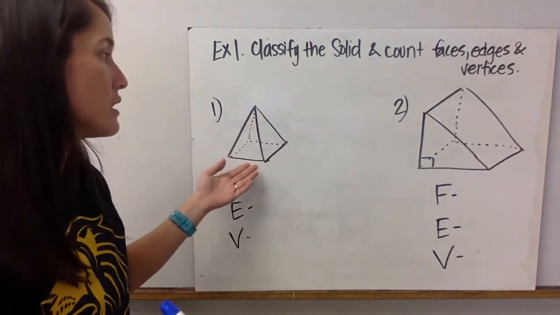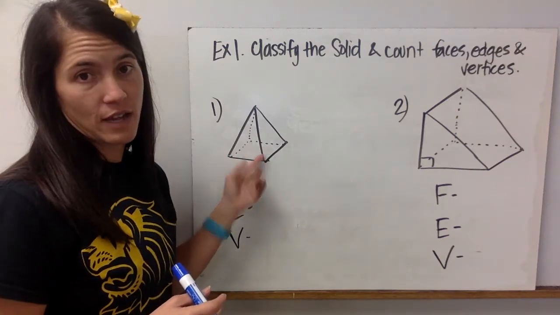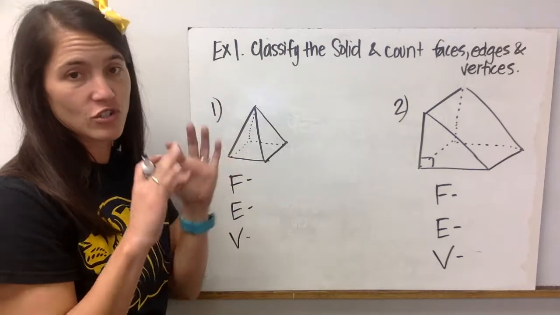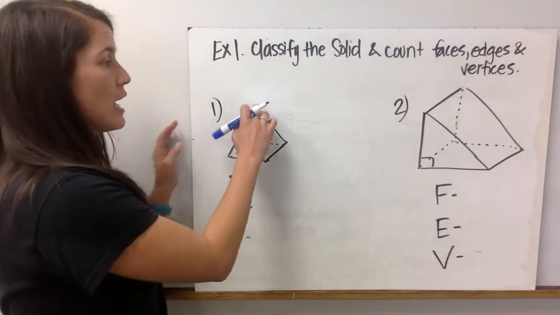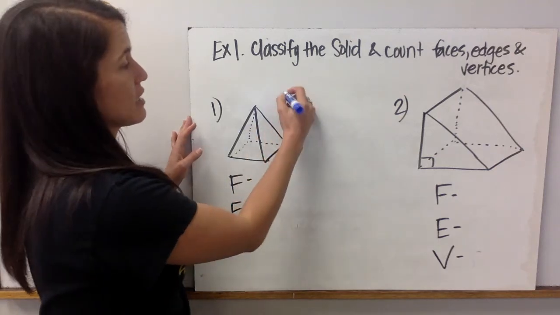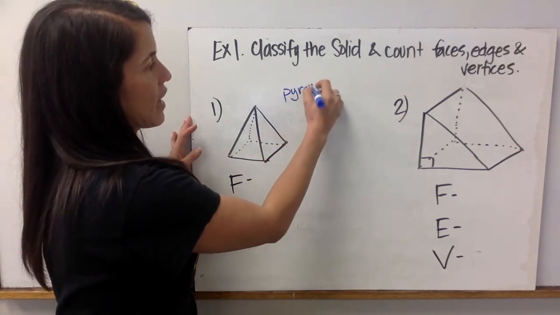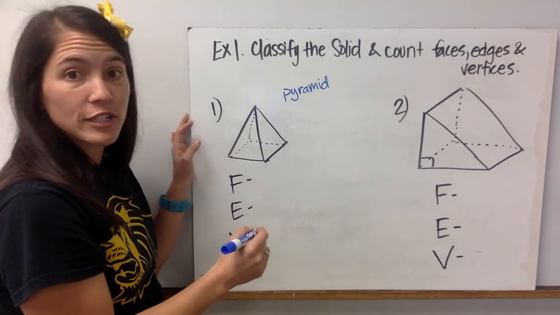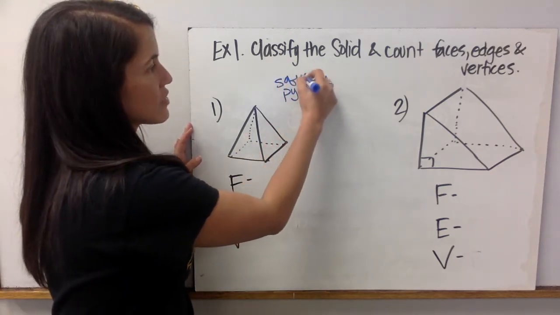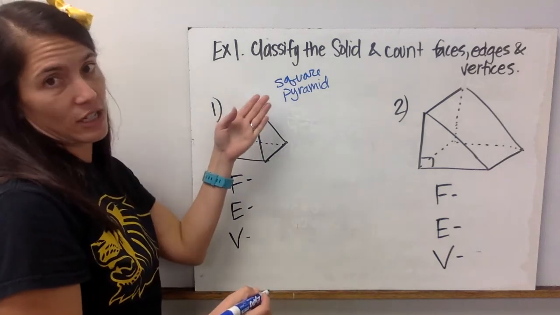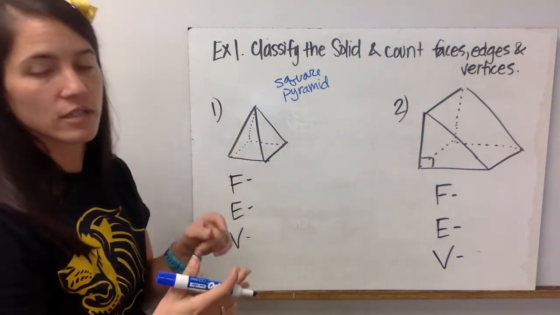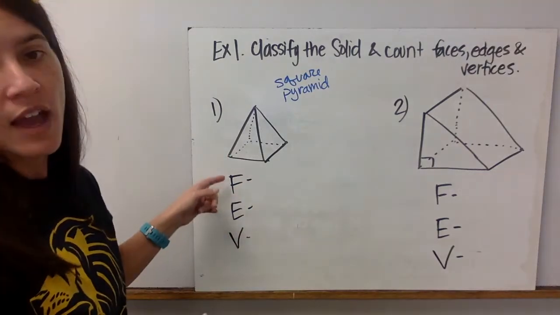So for this, it's a polyhedron because it has all flat, straight edges. There's nothing curved. It's a polyhedron, but it only has one base. So this is a pyramid. And you name a pyramid by the base, and this base is a square, so this is a square pyramid. That's how you classify it. The type of base, and then is it a prism or a pyramid, or is it a non-polyhedron?